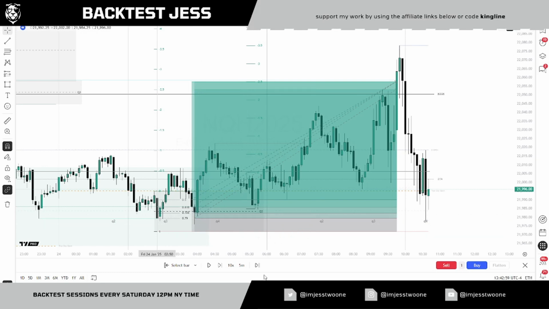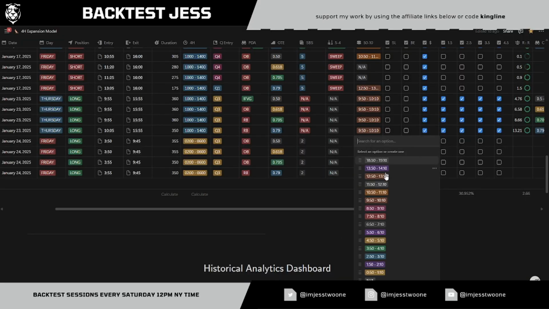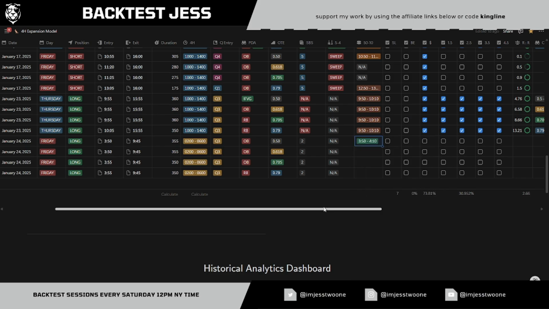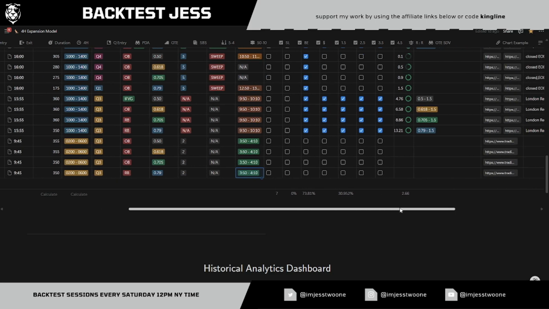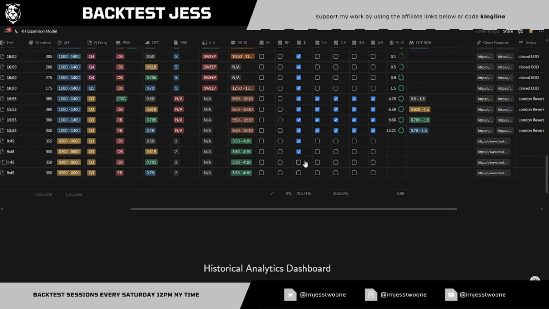And again, 350 to 410. Alright, so all TP'd, or all made money before breaking even, and we got to 2.5, just missing 3.5 by 1 tick.